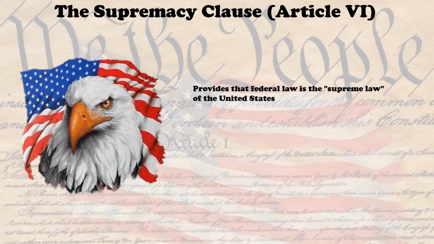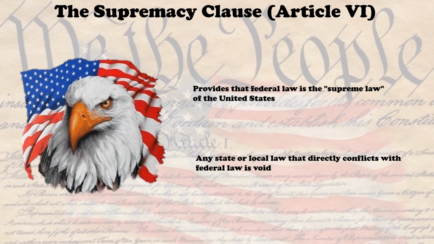The Supremacy Clause states that federal law is the supreme law of the United States, and that any state or local law that directly conflicts with federal law is void. Another way of saying this is federal law trumps state law based on the Supremacy Clause in the Constitution.